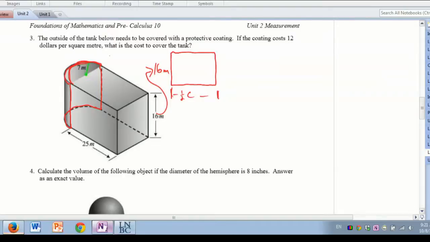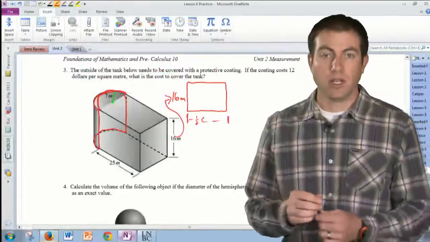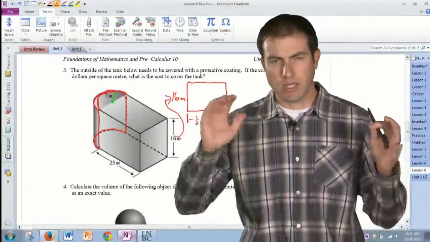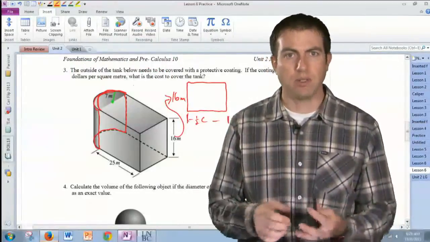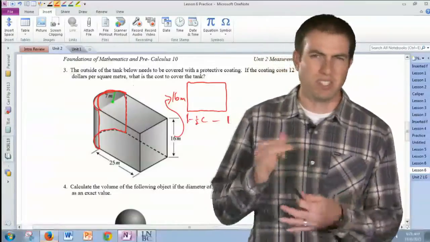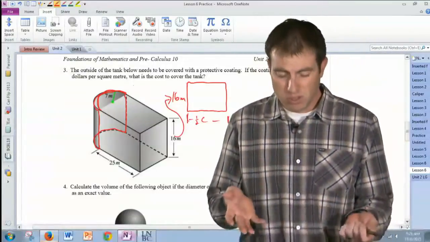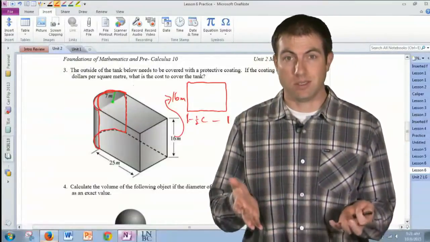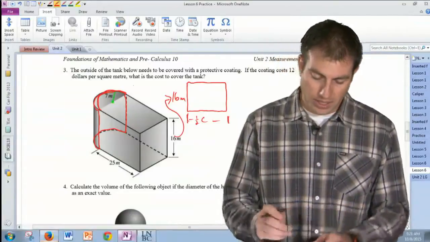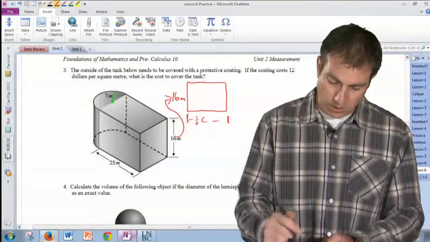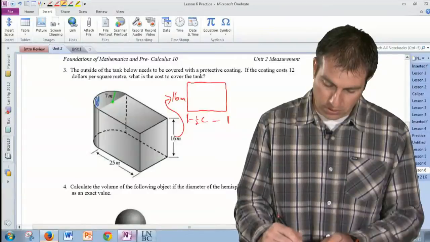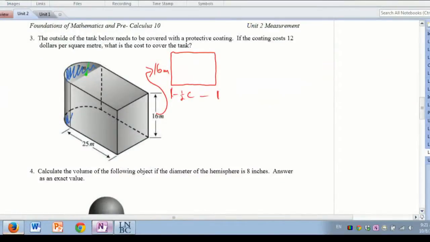If you got to a point on your test or a quiz and you're like, oh my goodness, I can't find the shape, and maybe it looks like a cylinder but it's half and it's all confusing, if you just think about what it is, it's just a rectangle. And then if we have this circle on the top here, we have half a circle, but we have half a circle on the bottom as well. So all we have there is just a circle. So we have the surface area of a circle plus the surface area of a rectangle.